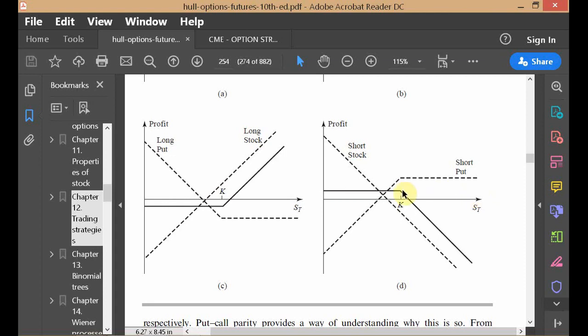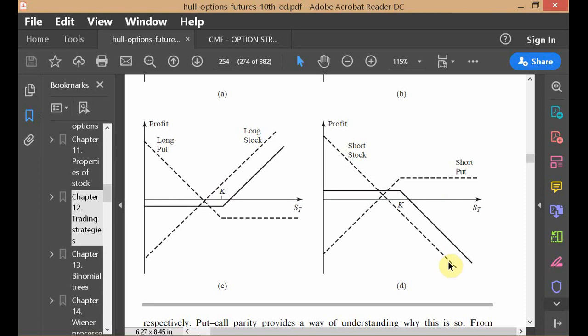So this cannot be a short put profile, because even if he exercises, this is actually a loss. If the guy exercises, he will sell at K and have to buy back in the market at ST. So he'll make a loss. So if the guy with the long position is making a loss, I, being the short position holder, will actually make a profit. So this can't be a short put payoff profile.